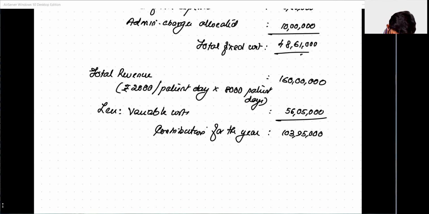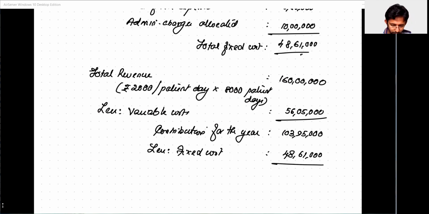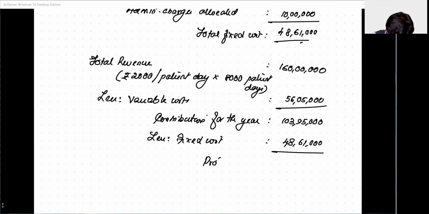Now from this we have to less the fixed cost, 48 lakh 61,000. So the balance will be profit. What is the profit? This minus 48 lakh 61,000. You have a profit of 55 lakh 34,000.